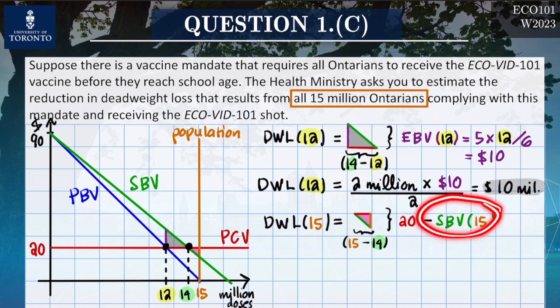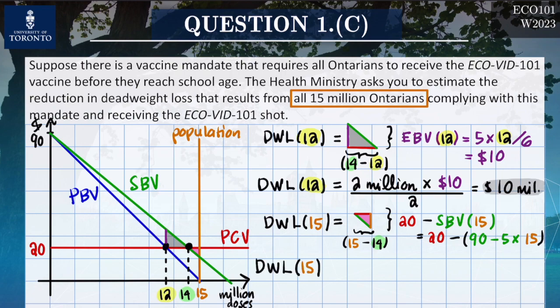So for this second part, the social benefit of vaccination, we already have a formula that was given to you. So 20, the marginal cost, minus the function for social benefit of vaccination, which is 90 minus 5 times the amount of doses. So that's the social benefit of vaccination for the last person being vaccinated under the quota. And we have everything to compute the value of deadweight loss at 50 million people, the entire population.